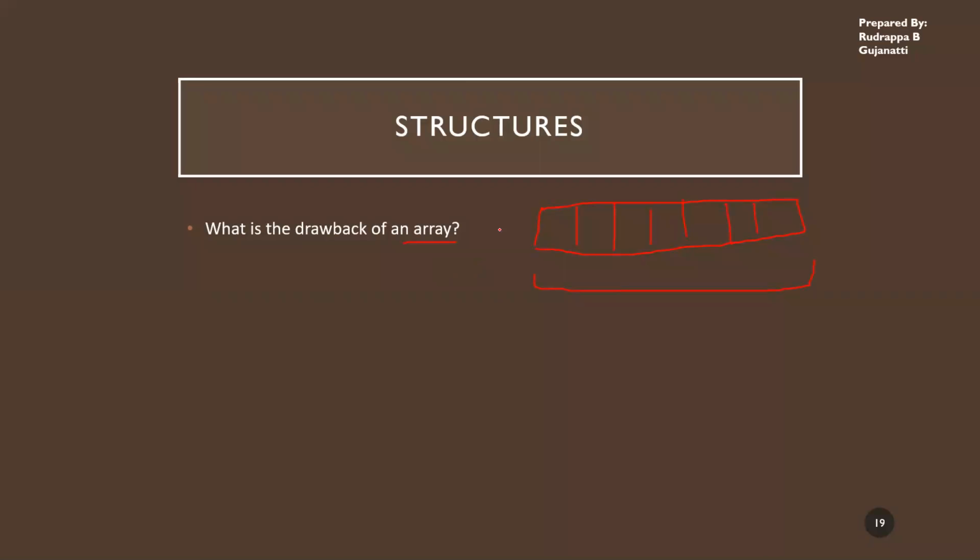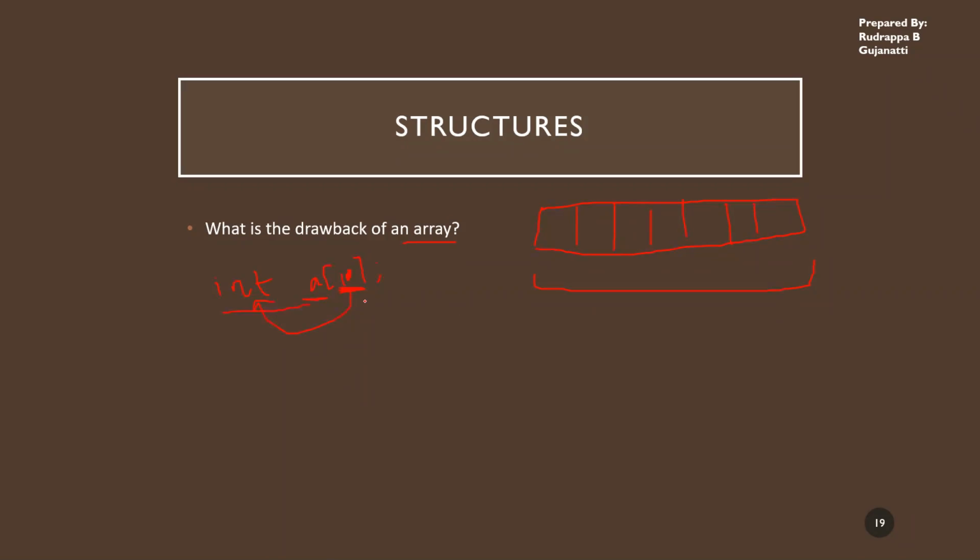For example, if I have int a[10], what is this specifying? A is an array which can store up to 10 values, and those values will be of the type integer. So all the 10 values should be of the type integer. I cannot store any other value apart from an integer. If you try to store a float value in this, it will be converted to integer and then stored.